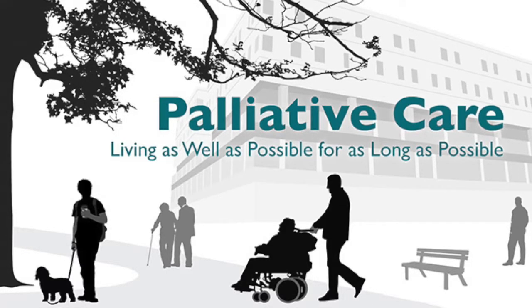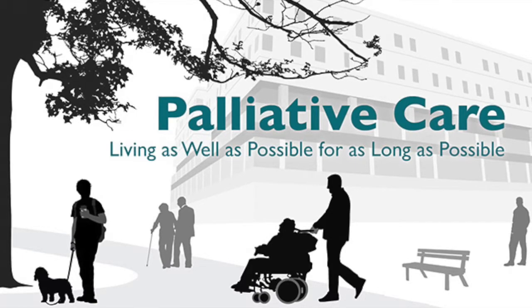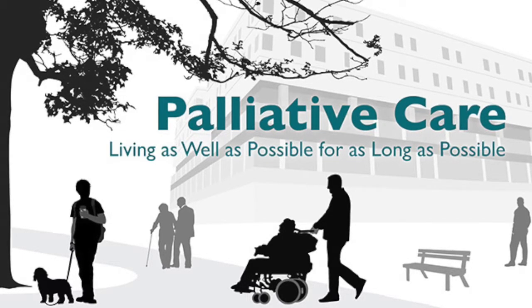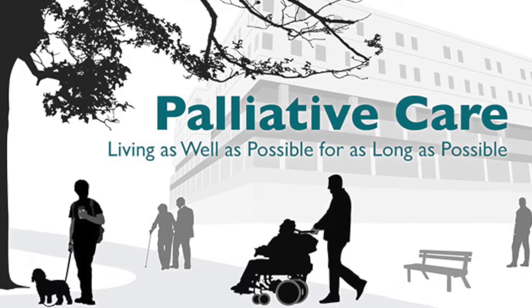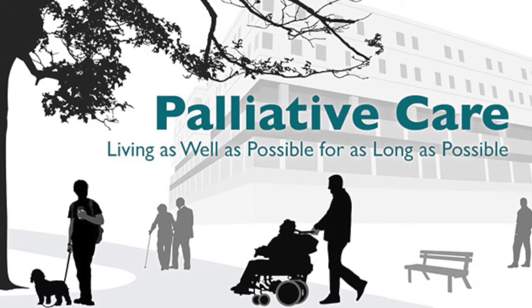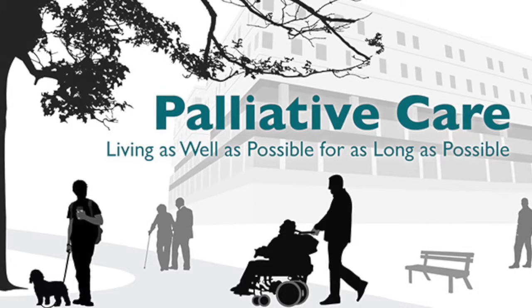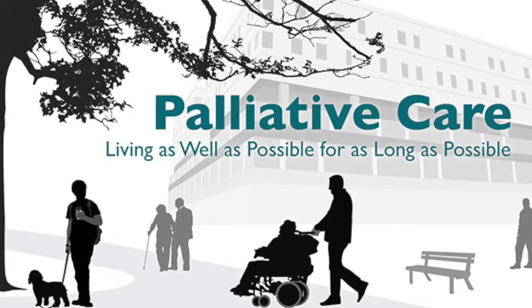So pain control is central to the concept of palliative care. Freedom from pain allows people to come to terms with their approach to death and enables them to make arrangements for the future of others who depend on them, as well as to live as fully as possible for as long as possible.